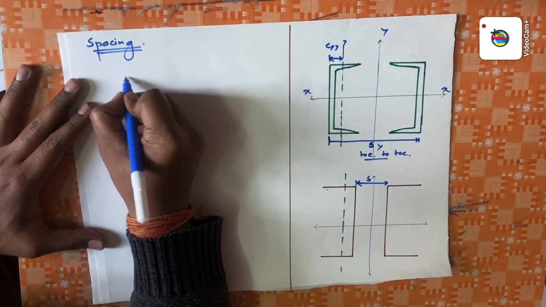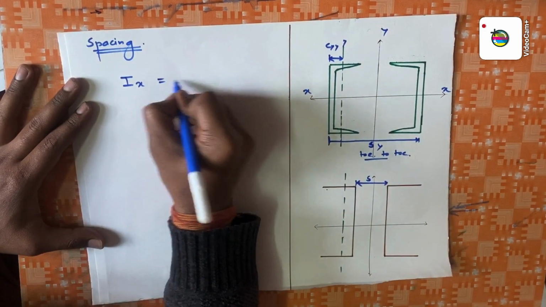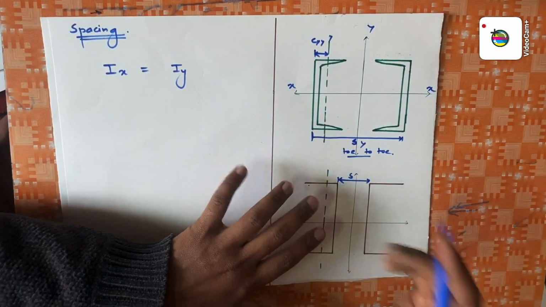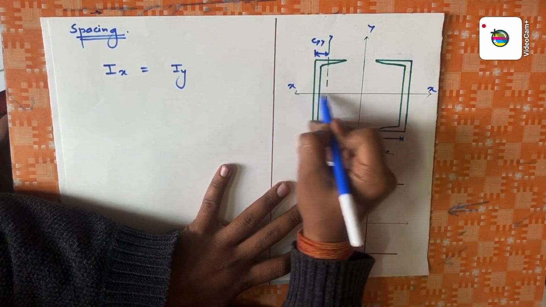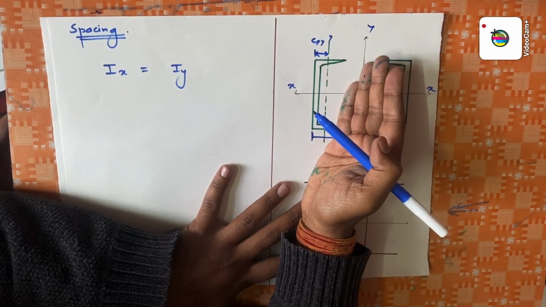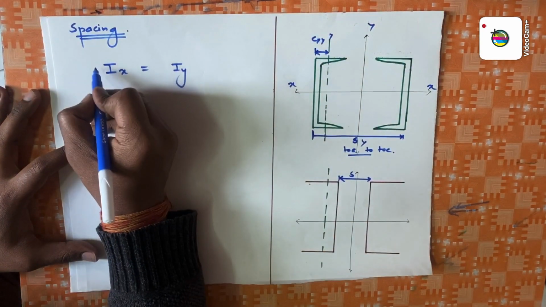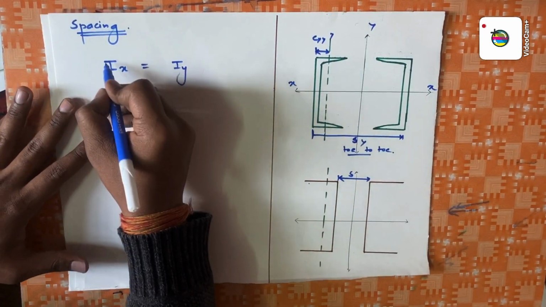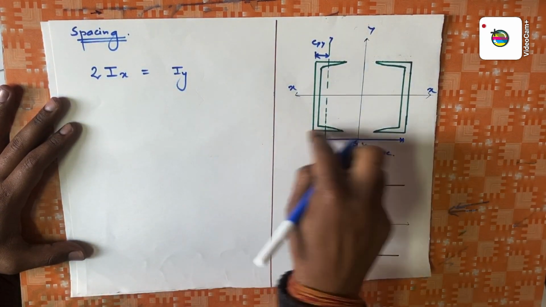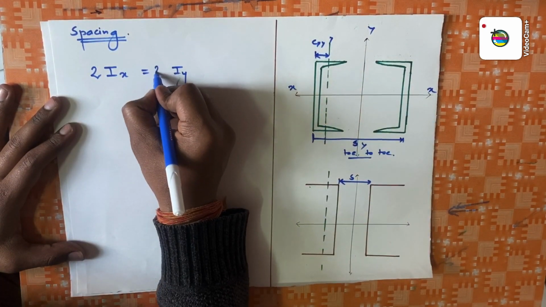That is, the moment of inertia about the x-axis must be more than or equal to the moment of inertia about the y-axis. You can see in this case, this particular channel is symmetric about the x-axis, but it is not symmetric about the y-axis. Though it is symmetric about the x-axis, we don't have to do anything for this side. Instead, we have to multiply by 2 because there are two channels.